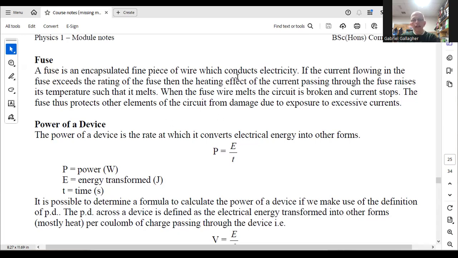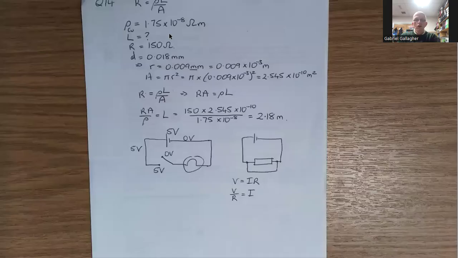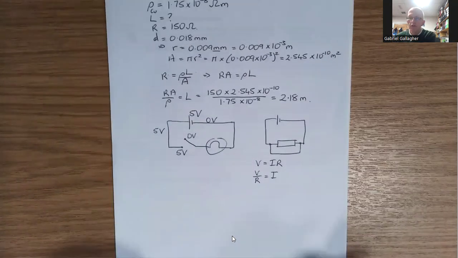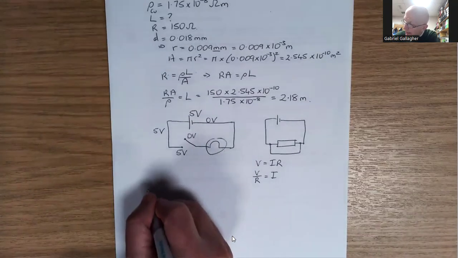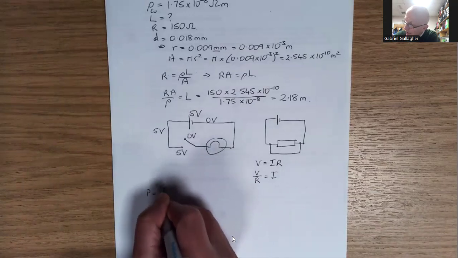Now, one thing I idly passed by there was this idea that current going through a wire heats it up. Power, as we've seen in the mechanics section, is energy divided by time.